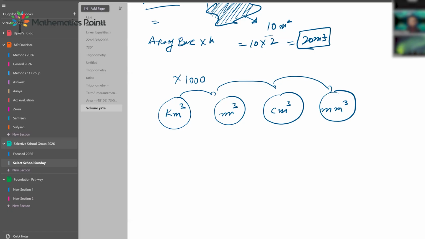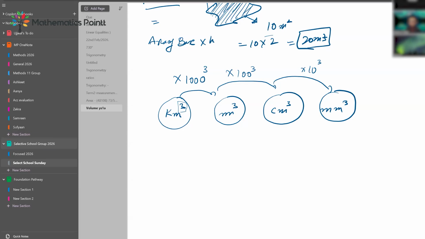But hang on, this is volume, a power of 3. So I have to multiply it by 10 raised to the power of 3. Similarly, 1 meter has 100 centimeters. So conversion from meter cube to centimeter cube is you multiply it by 100 cube. Similarly, 1 centimeter has 10 millimeters, so you multiply it by 10 cube.